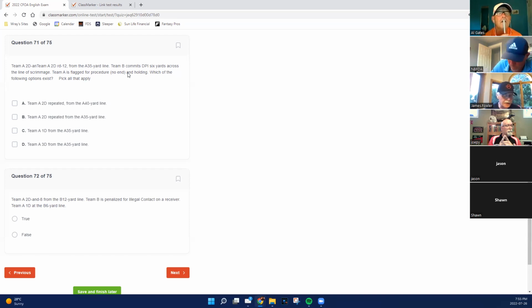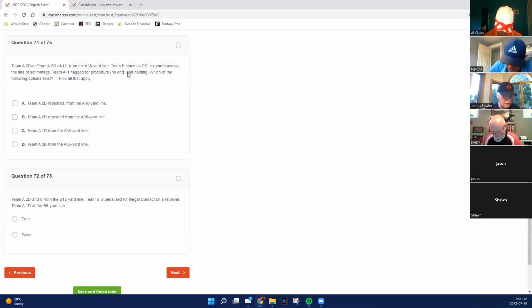Okay, so with that in mind, let's go down and look. A, Team A, 2nd down repeated from the 40-yard line. Would that be correct? No. B, Team A, 2nd down repeated at the A 35-yard line. Would that be correct?